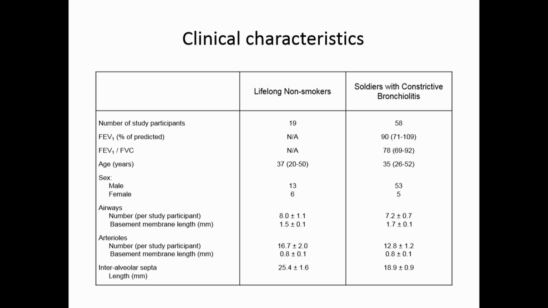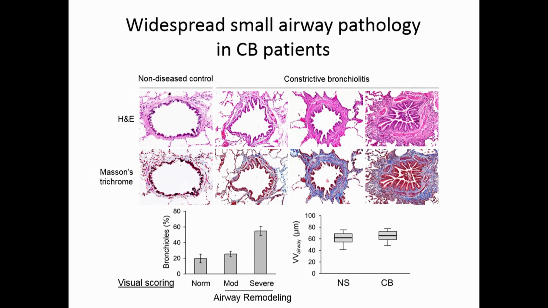We list here the number of airways, and you can see the basement membrane length is about 1.5 millimeters, showing that these are really small airways that we typically see in these biopsies. In addition, we evaluated similar numbers of arterioles in controls and constrictive bronchiolitis patients, and then we list the interalveolar septa because we use that to normalize the amount of parenchymal tissue that we evaluated for making capillary measurements and also collagen deposition in the parenchyma.